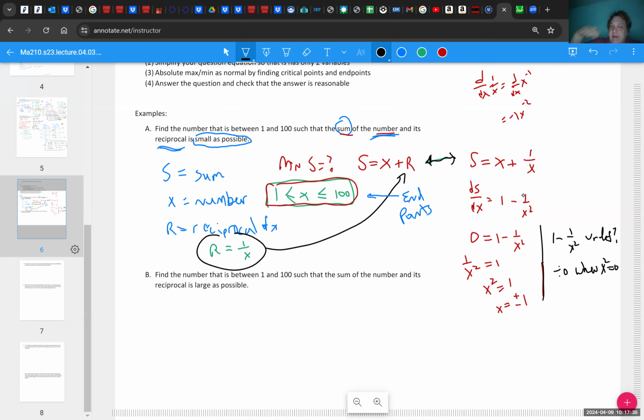Right? If you have the 0 on the bottom, you divide by 0, which is not calculable. We call that undefined. So x squared equaling 0 means x is equal to 0. Take the square root of both sides. So we got three critical points: x equals 1, x equals negative 1, and x equals 0. Those are three critical points.